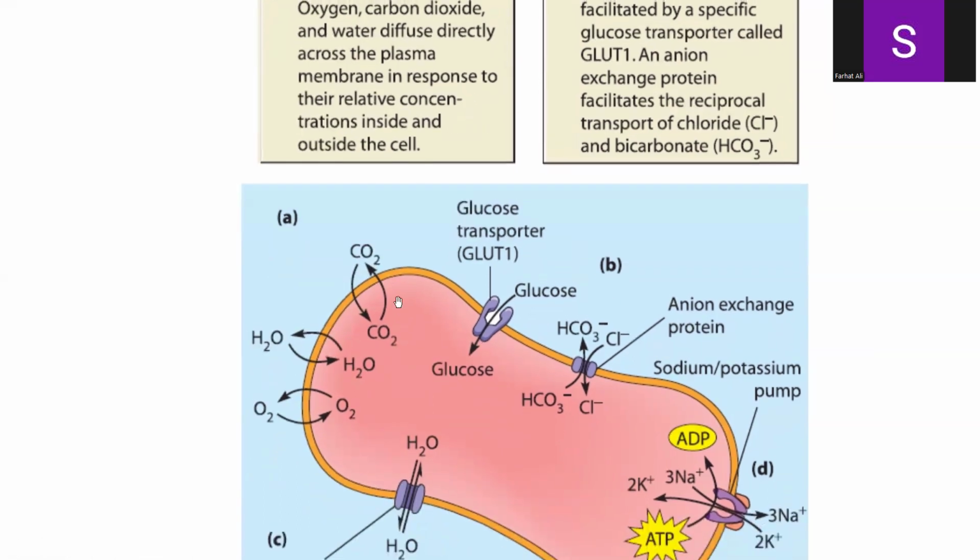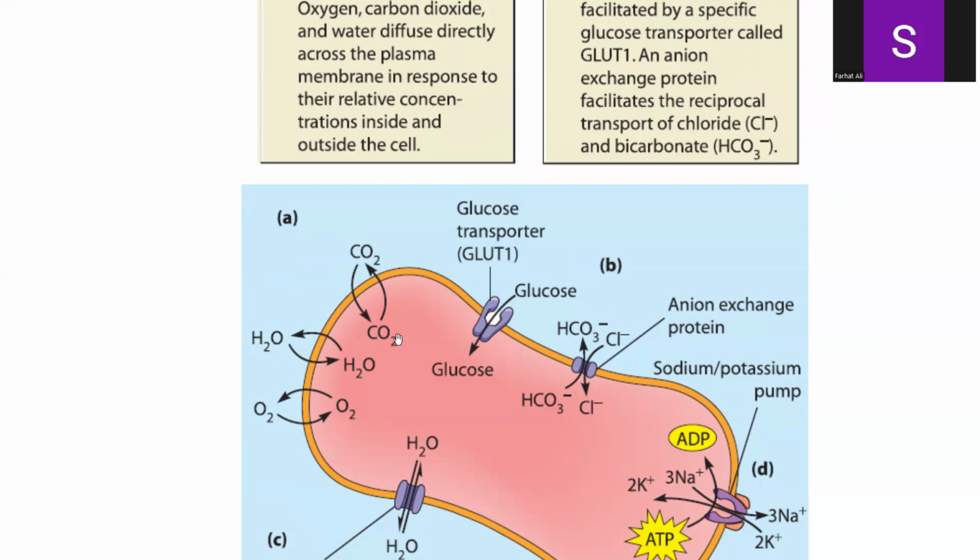When the red blood cell is coming from the lungs, it has a high concentration of oxygen. The concentration of oxygen in the tissues is low, therefore oxygen will diffuse out of the red blood cells into the tissues. On the other hand, the concentration of carbon dioxide is higher in the tissues, so carbon dioxide will diffuse into the red blood cells.